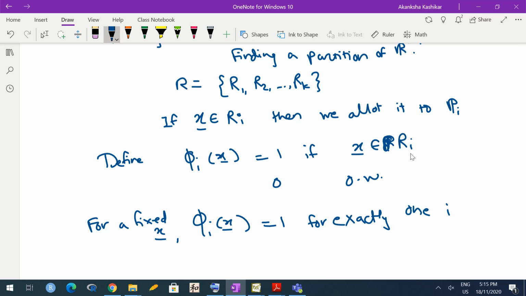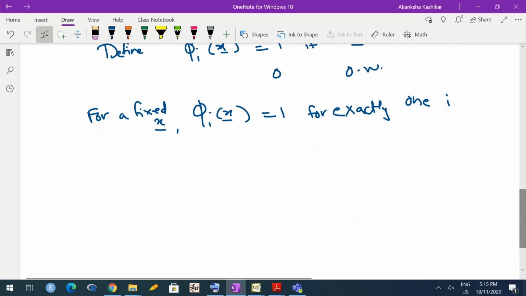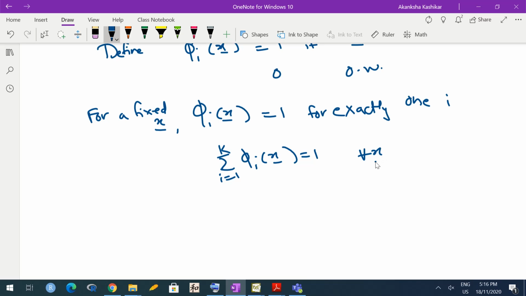It can't belong to more than one, and we can't say that it belongs to no Ri. Why? Because the Ri's form a partition of the entire space R^p. Because of this, I can write that the sum over i going from 1 to k of phi_i(x) is equal to 1 for every x. Correct? Because it is 1 for exactly one i and it is 0 otherwise.